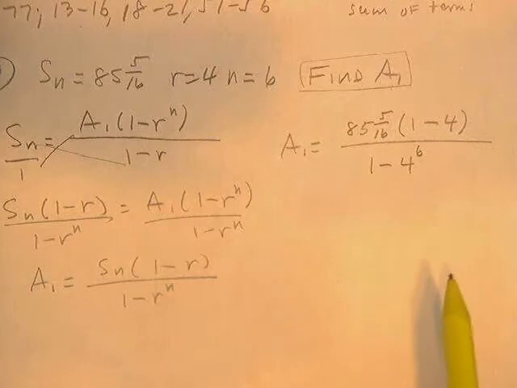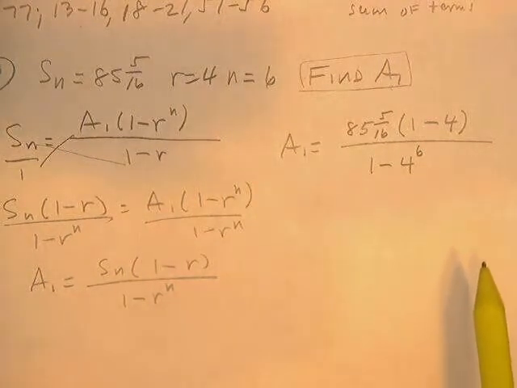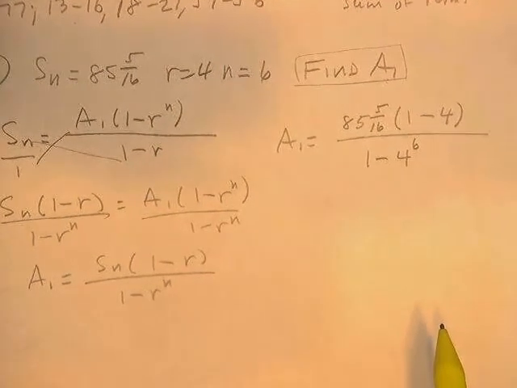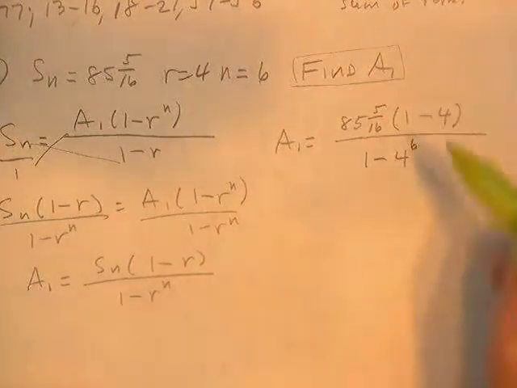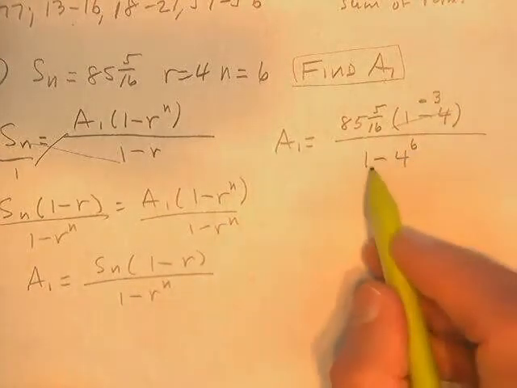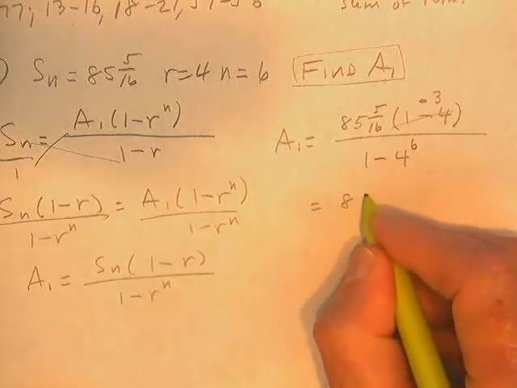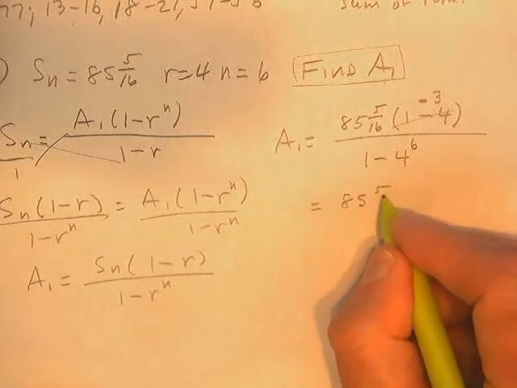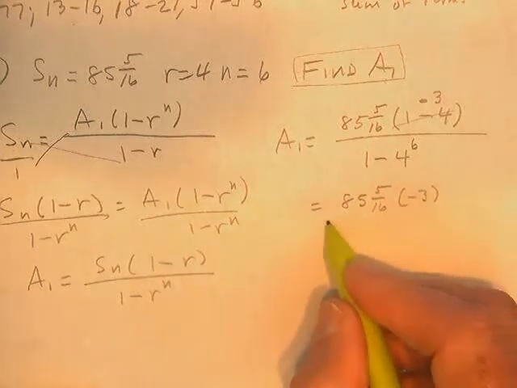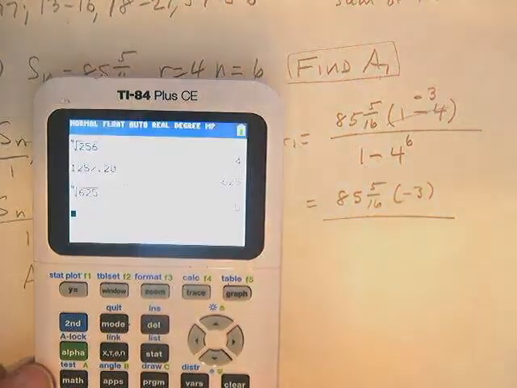So you're going to have to be careful when you calculate this so you don't punch any buttons wrong, okay? Because this right here is -3. This is going to be negative something down here. So let's leave this for the time being. Times -3. And let's figure out what 1 minus 4 to the 6th is.